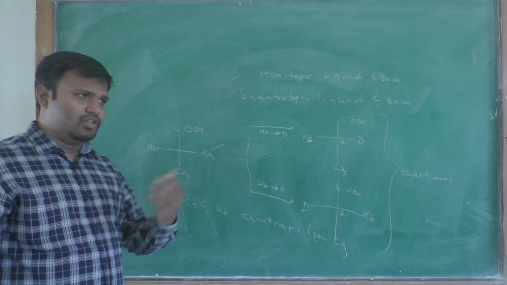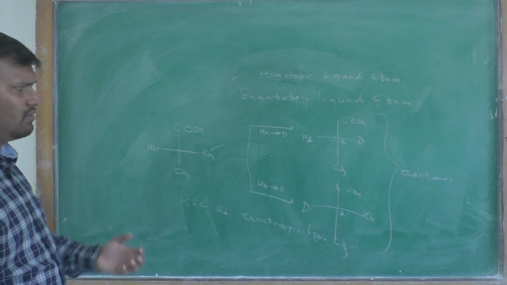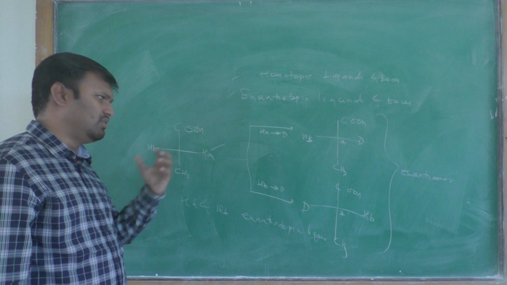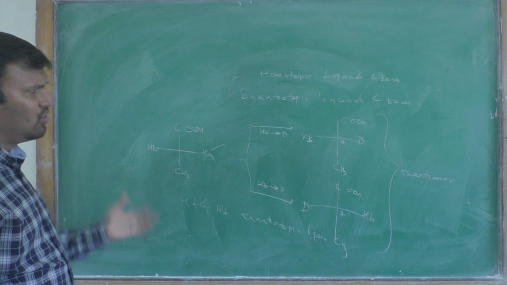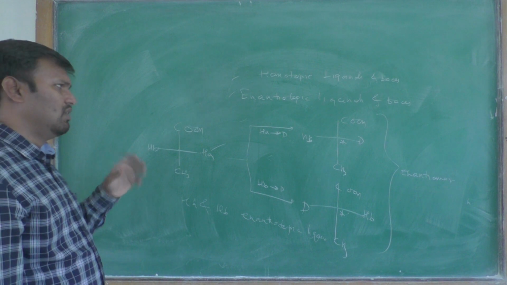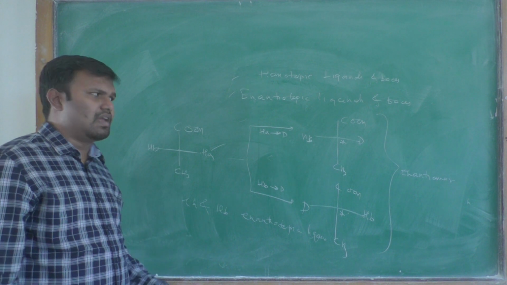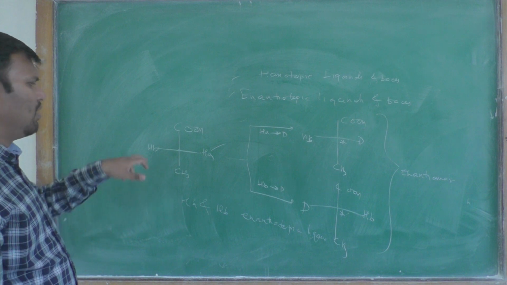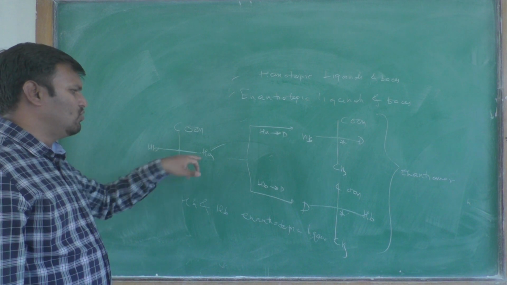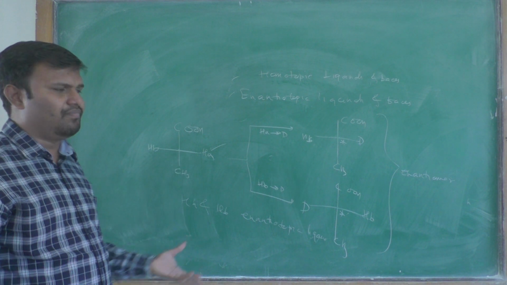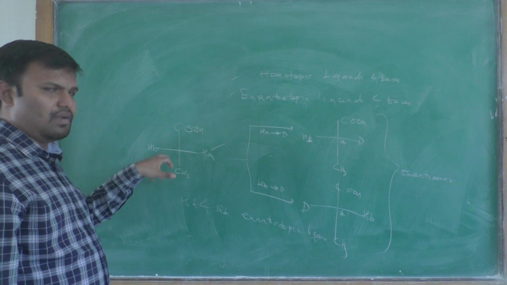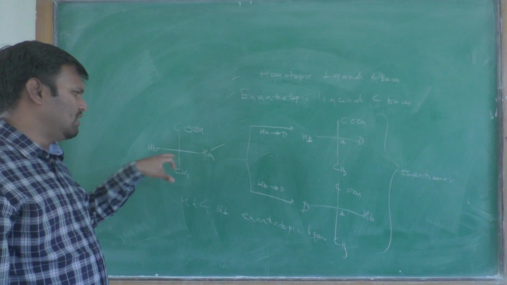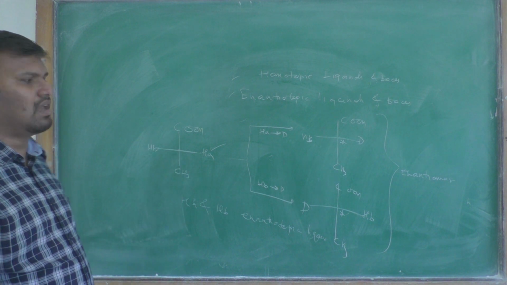Therefore in enantiotopic ligands a chiral center is produced, but in homotopic ligands it will not produce a chiral center. After replacement of the enantiotopic groups, you will obtain chiral centers, and therefore the previous compound, before replacing HA and HB, is the prochiral compound.